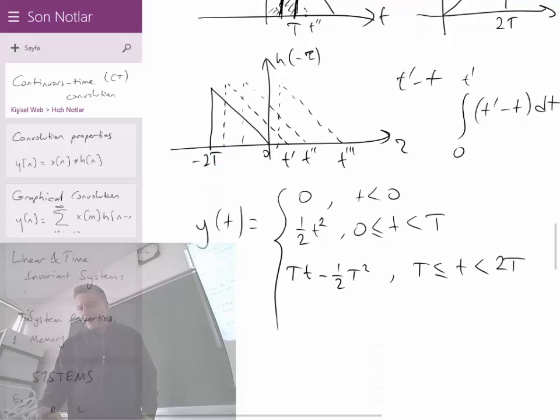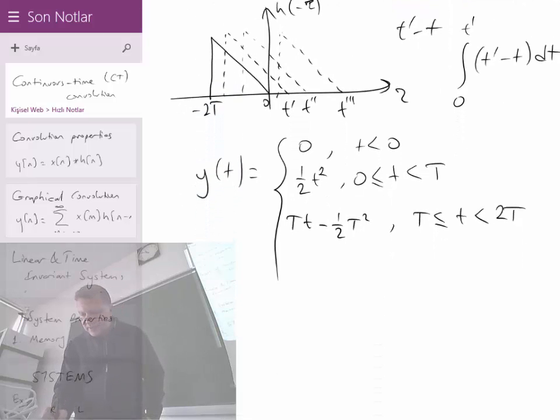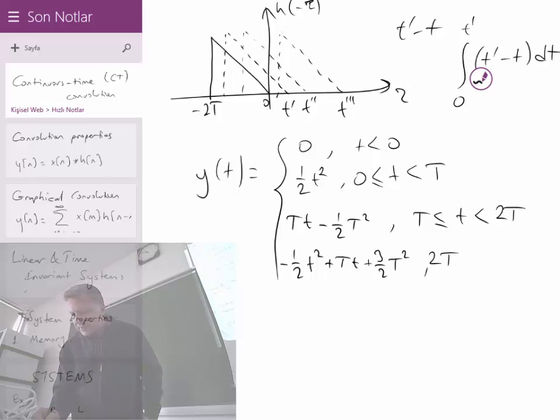Strange. And the formula for that is minus 1 over 2 t square plus capital T t plus 3 over 2 capital T square, if t is greater than or equal to 2 capital T but less than 3 capital T.